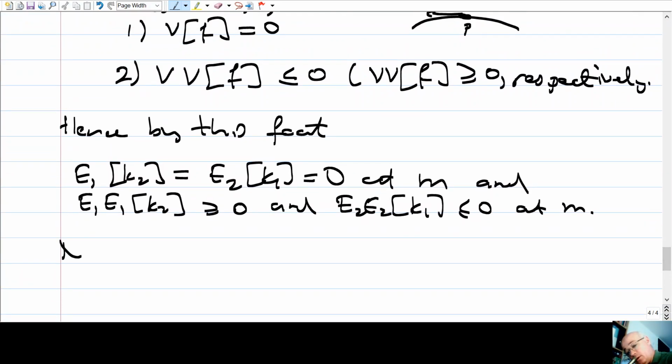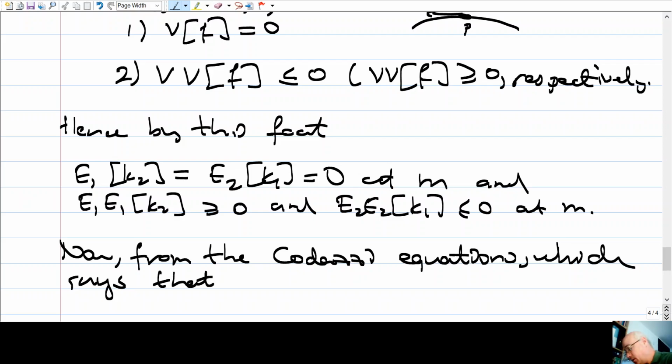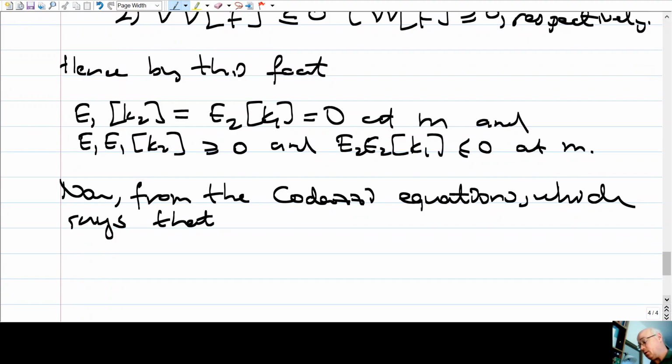Now, from the Codazzi equations, let's recall what the Codazzi equations tell us.